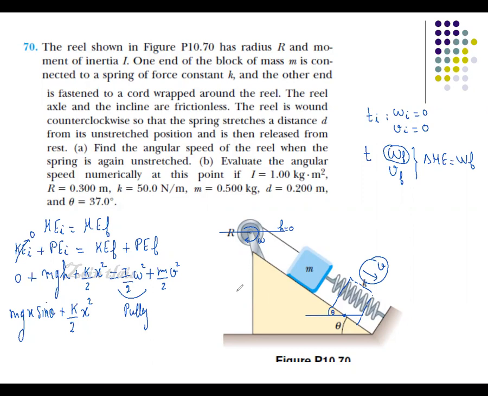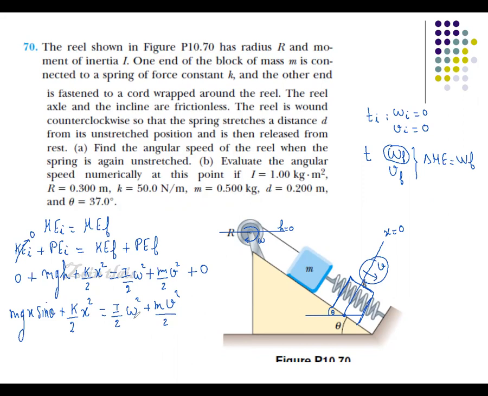At this position, the block has x equal to 0 and 0 height, so we don't have any potential energy. So we can write directly equals to I over 2 omega square plus m v square over 2.